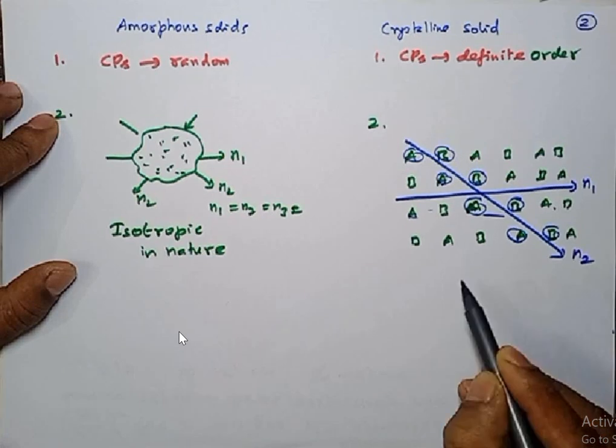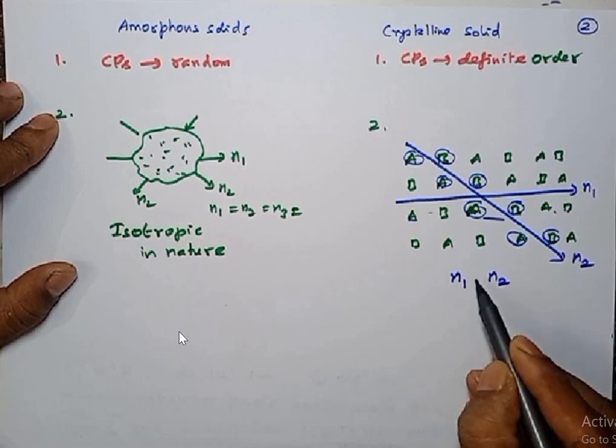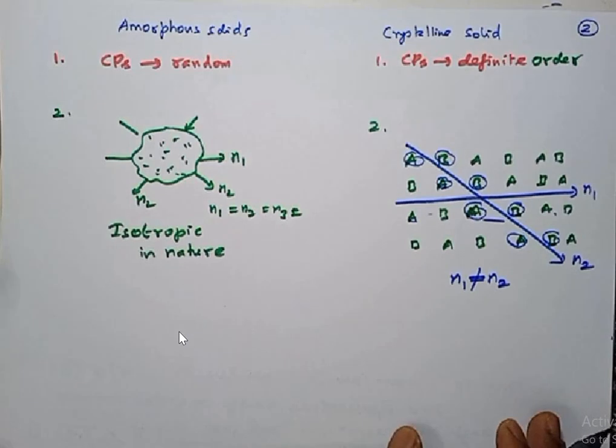So in this case, the refractive index measured in one direction and the refractive index measured in the other direction are not equal. They are not equal because in crystals the order in one direction is a definite order, and the order in the other direction of the same crystal is entirely different. You have definite order, but the arrangement is different. Therefore, any property like refractive index or electrical conductivity, if you measure it, you will get different results in different directions.